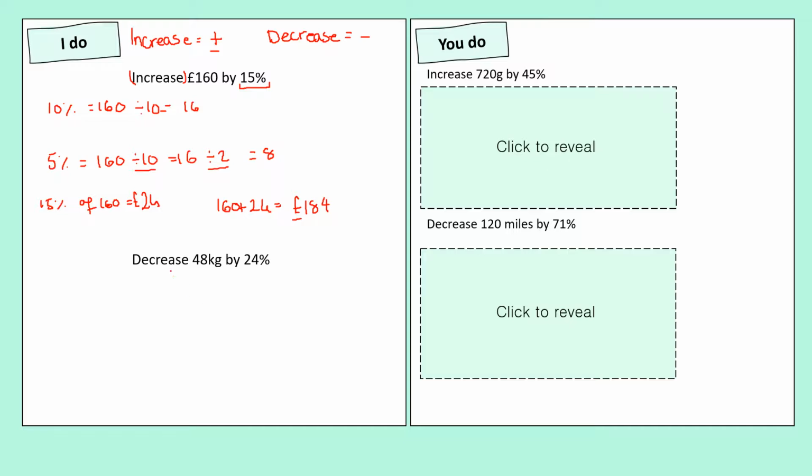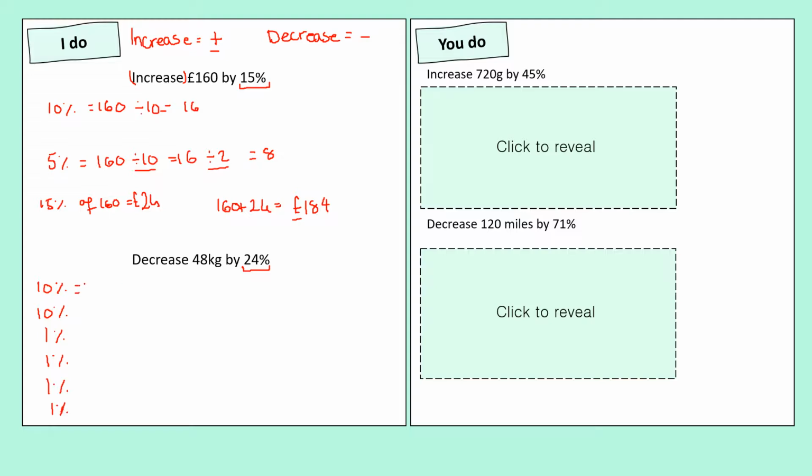Now similarly, decrease 48 kg by 24%. The first thing you have to do is find the percentage. So we find 24% of 48. I'll just do 10% twice and then 1% four times.